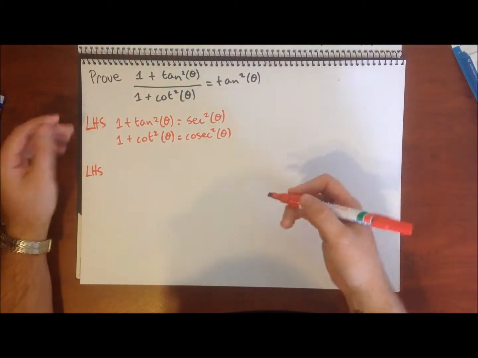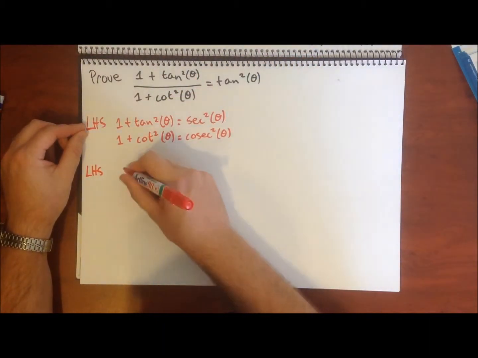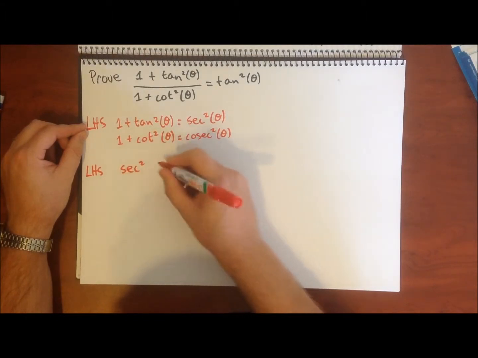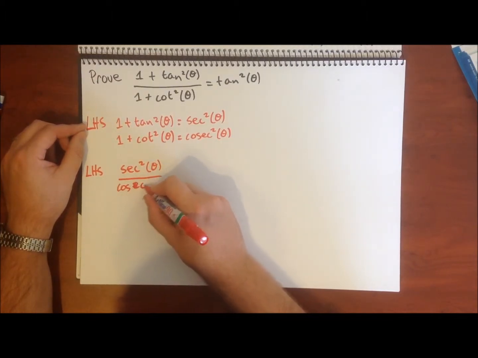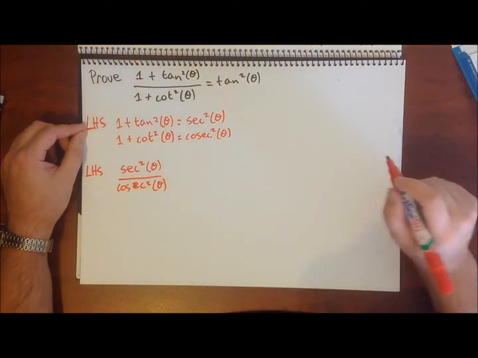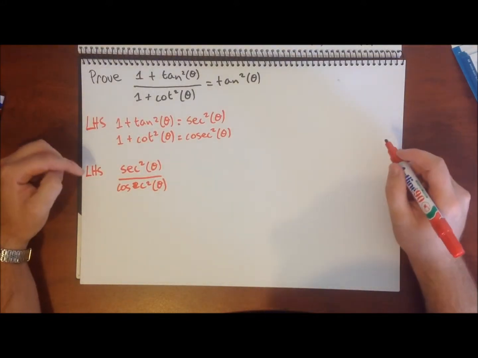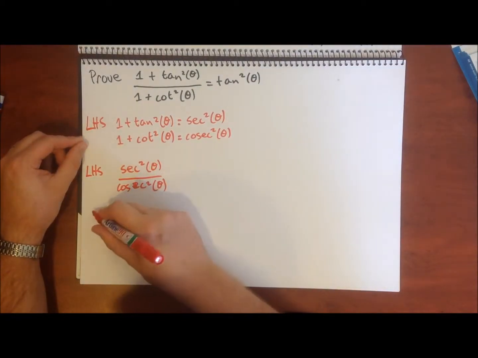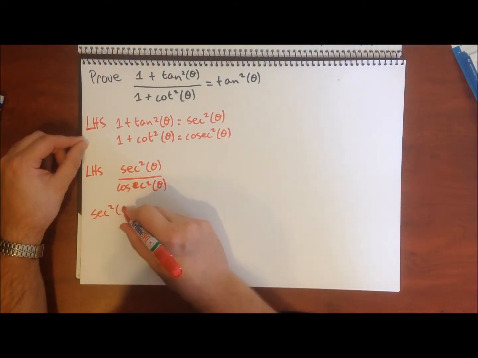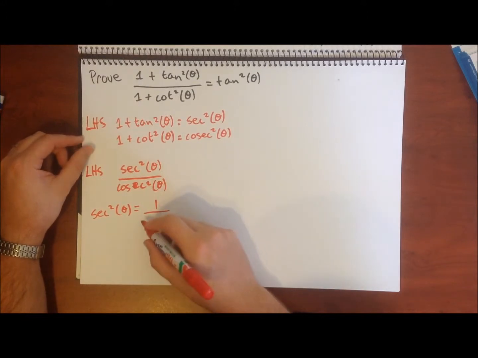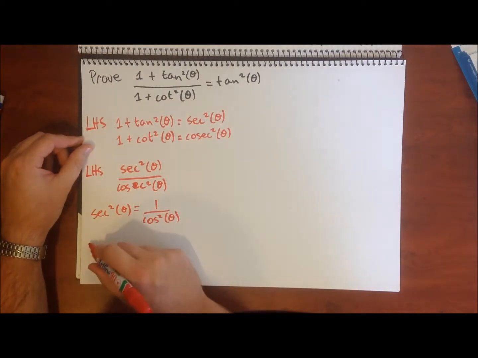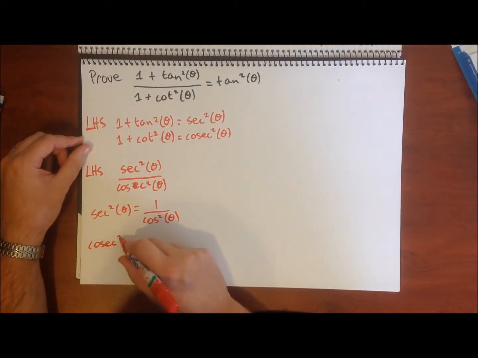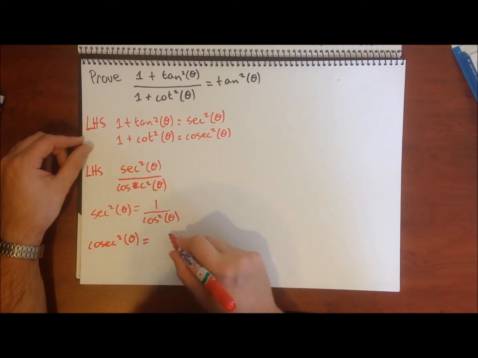We can write our left-hand side, then our top line is sec squared theta over cosec squared theta. Remember that sec squared is equal to 1 over cos squared theta, and that cosec squared theta is equal to 1 on sine squared theta.